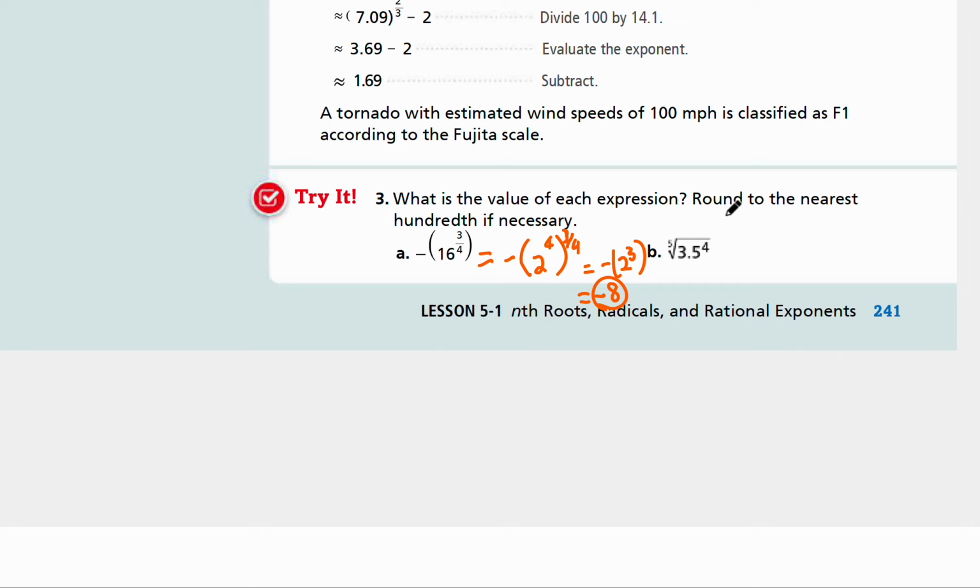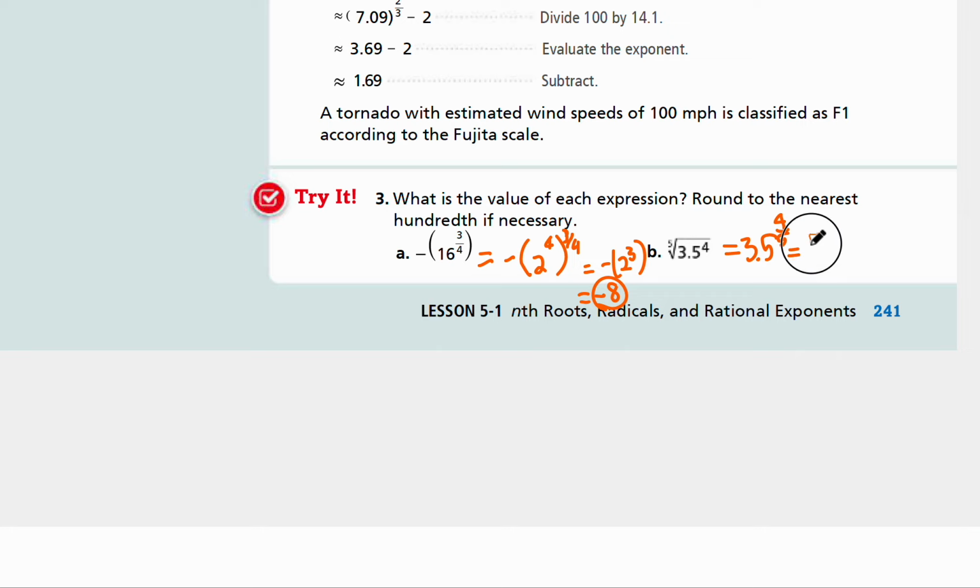And then let's look at part B. Fifth root of 3.5 to the fourth power. That is really 3.5 to the 4 over 5 power, right?